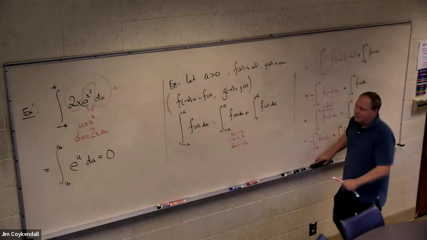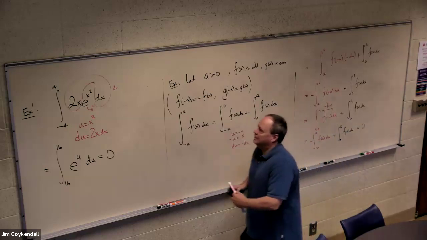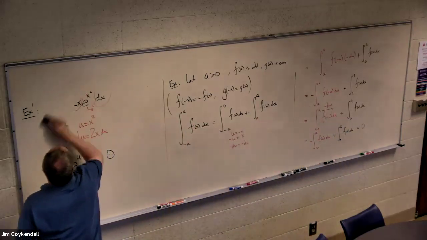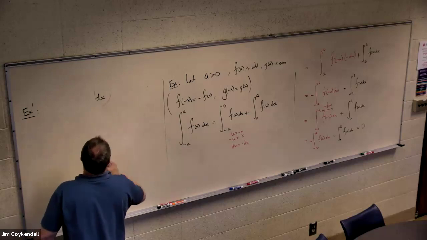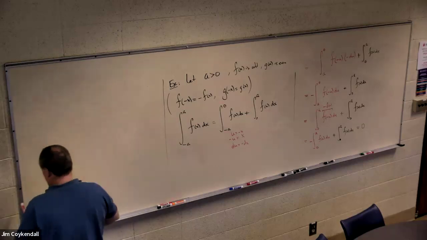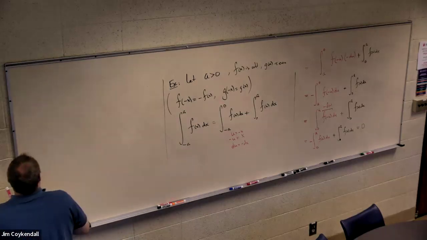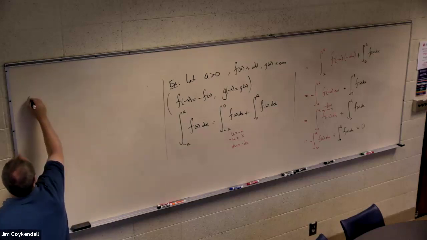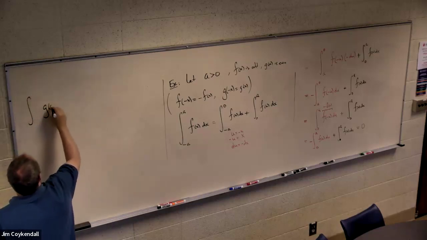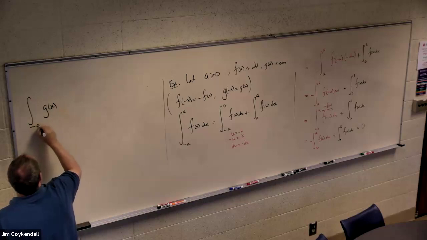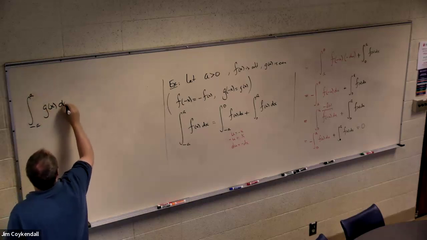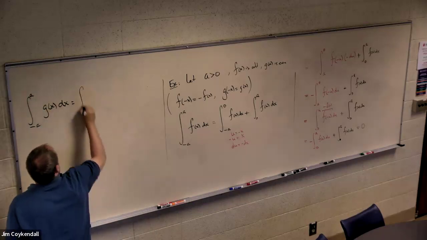For even functions, you get something similar. So let's continue the example by looking at what happens with g. If you integrate g of x from minus a to a, I'm going to again break this up.